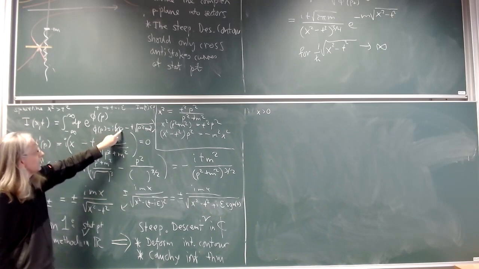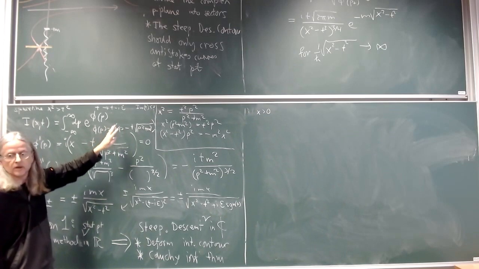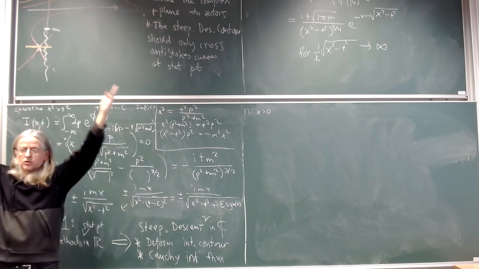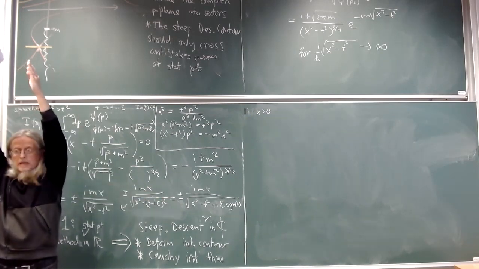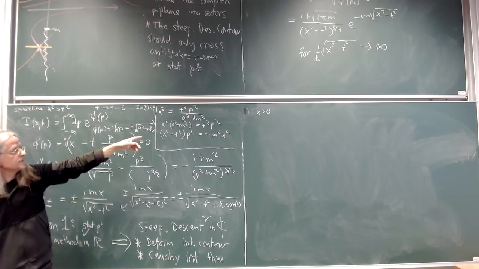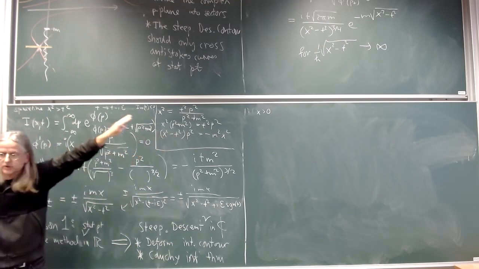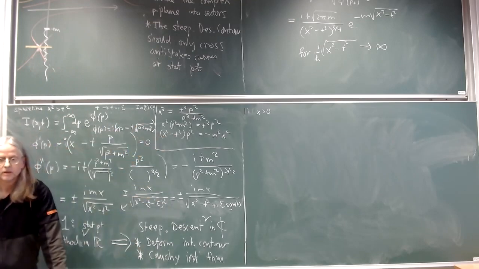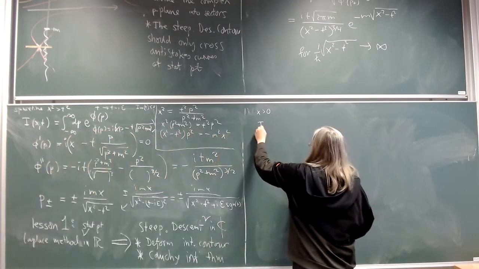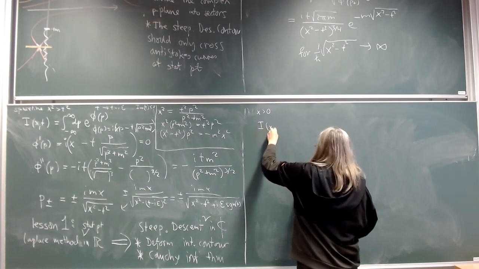If you let the imaginary part of p become positive and x is positive, then this becomes negative. So what we could do is deform the contour to wrap around the branch cut. And of course, we'll do the same if x is negative: then we have to wrap around the other branch cut. So the point is basically that we could replace the contour with this idea.